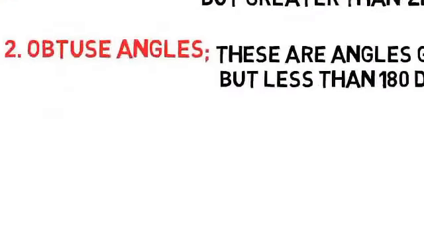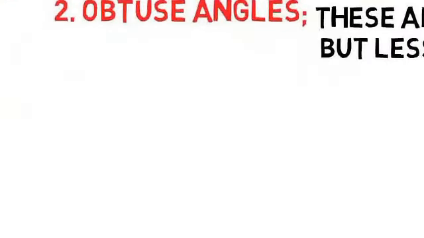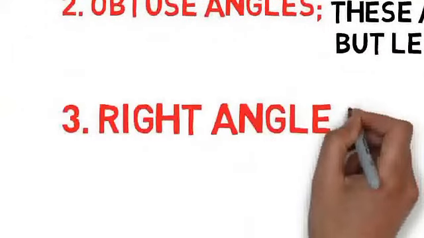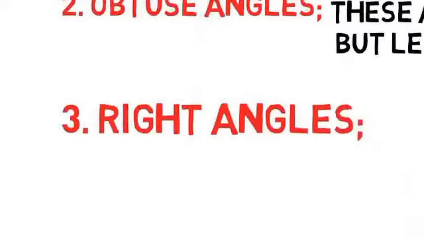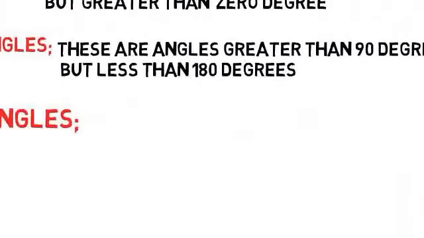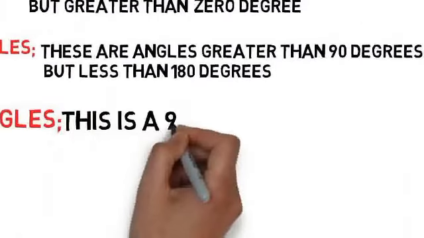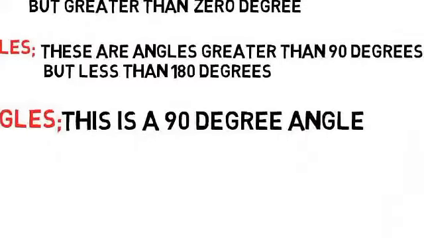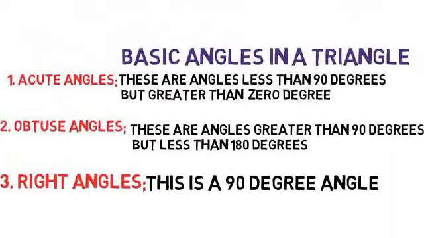Then, the last type of angle we'll be treating is a right angle. Right angles are angles that are 90 degrees. So, we could also say a right angle is a 90-degree angle.